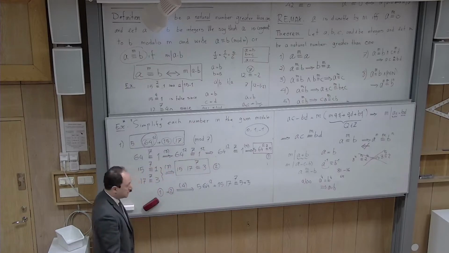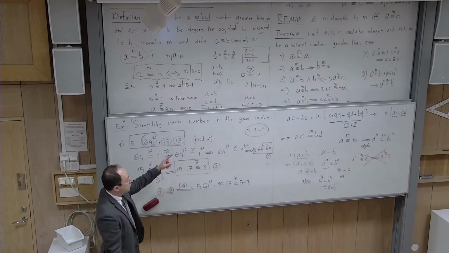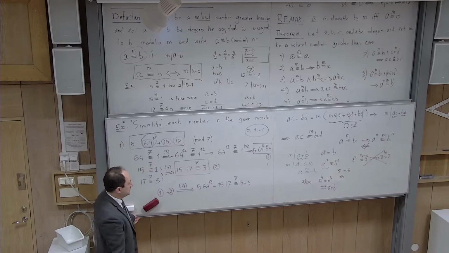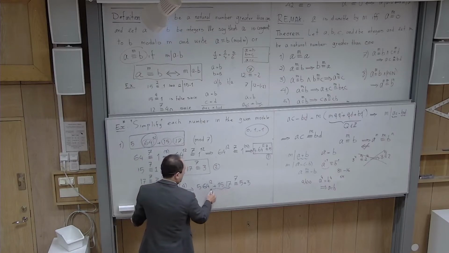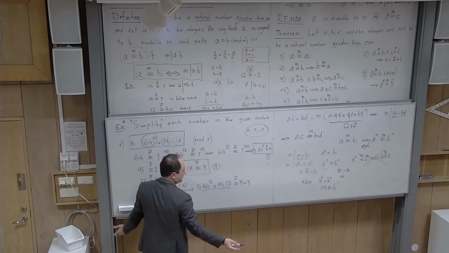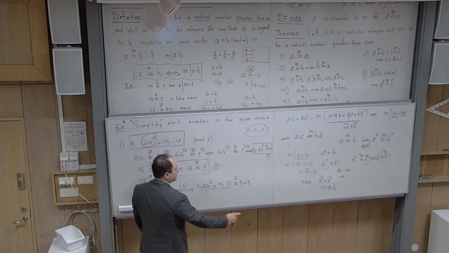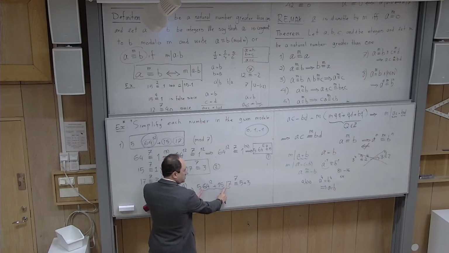Agree? So here I used part 4 of that theorem. But that is exactly my question mark, and 5 plus 3 is a very simple number to calculate. It is much simpler than adding these two numbers. Yes, when it comes to module 7.